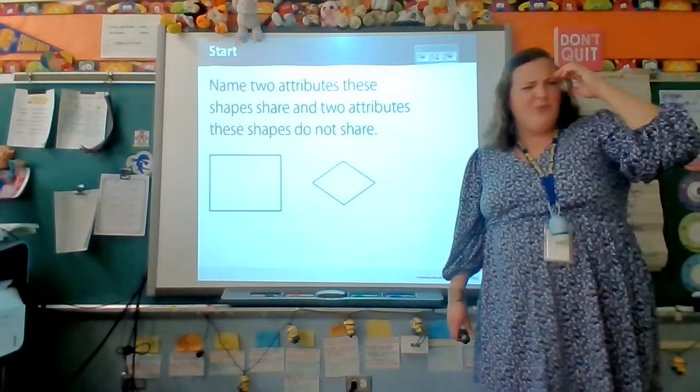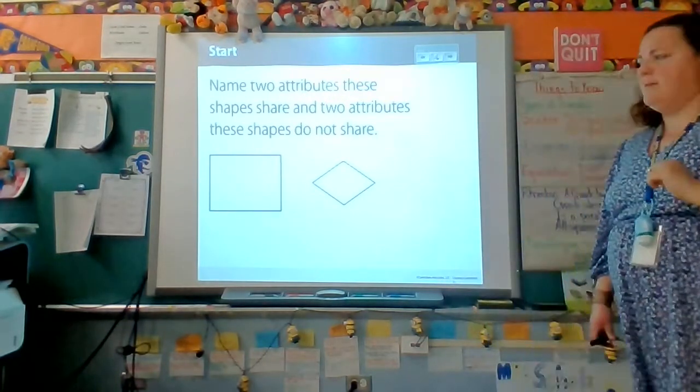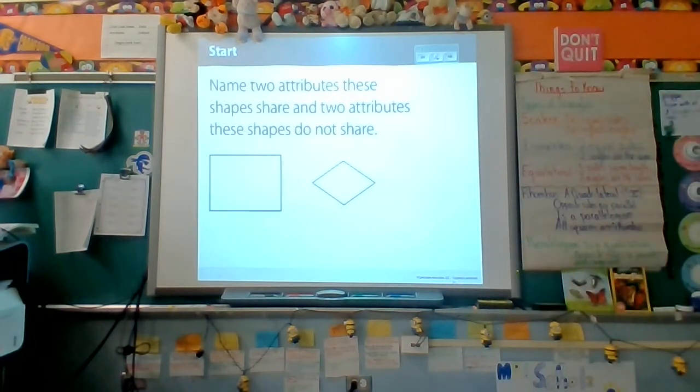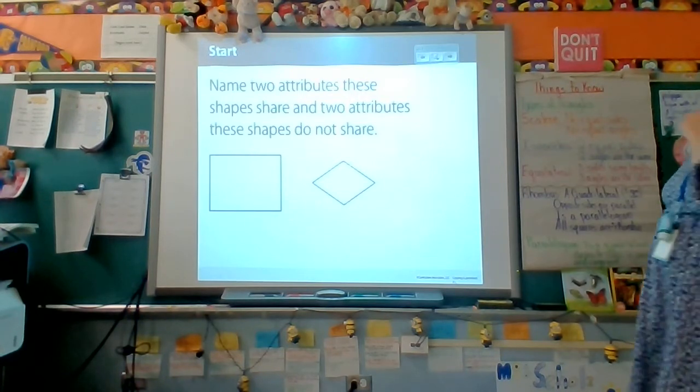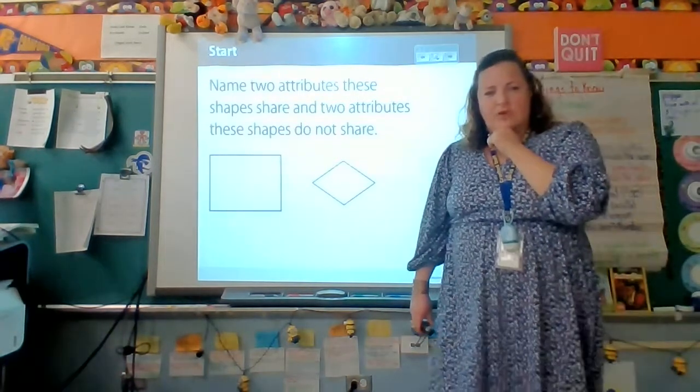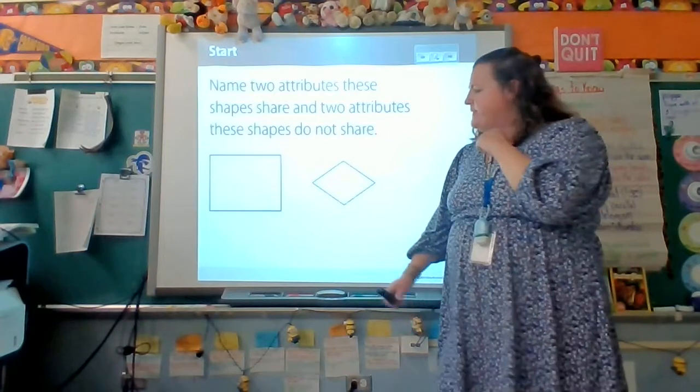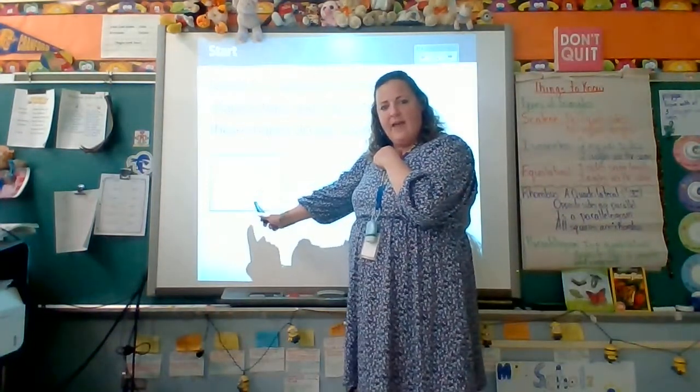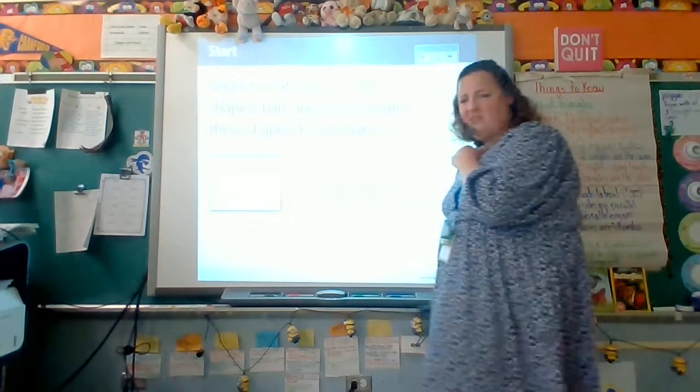Now I have to think to myself, what is it that they do not have in common? Give me a second to look. One thing that comes to mind is angles. We've been talking a lot about interior angles. The square has four right angles. The rhombus does not.